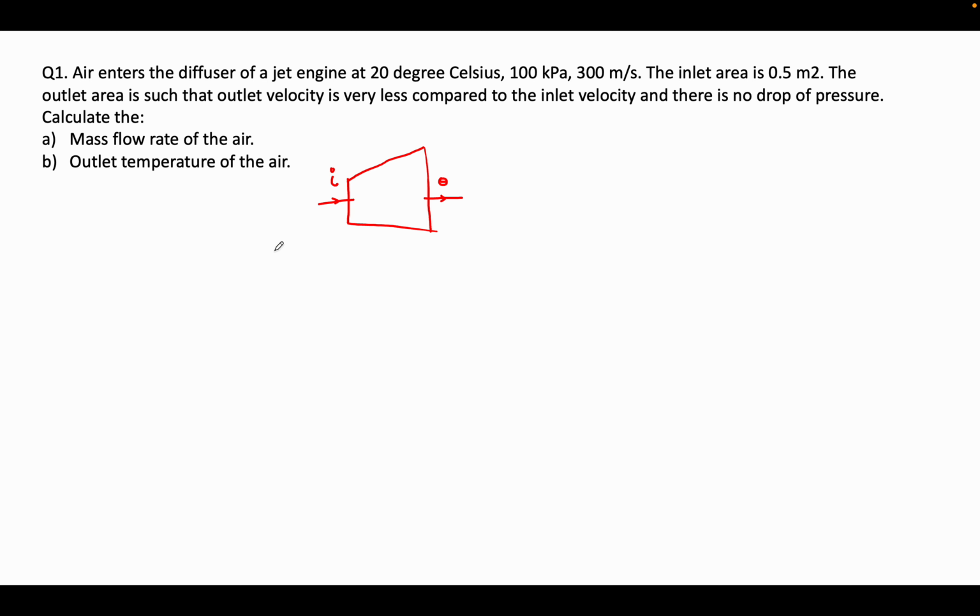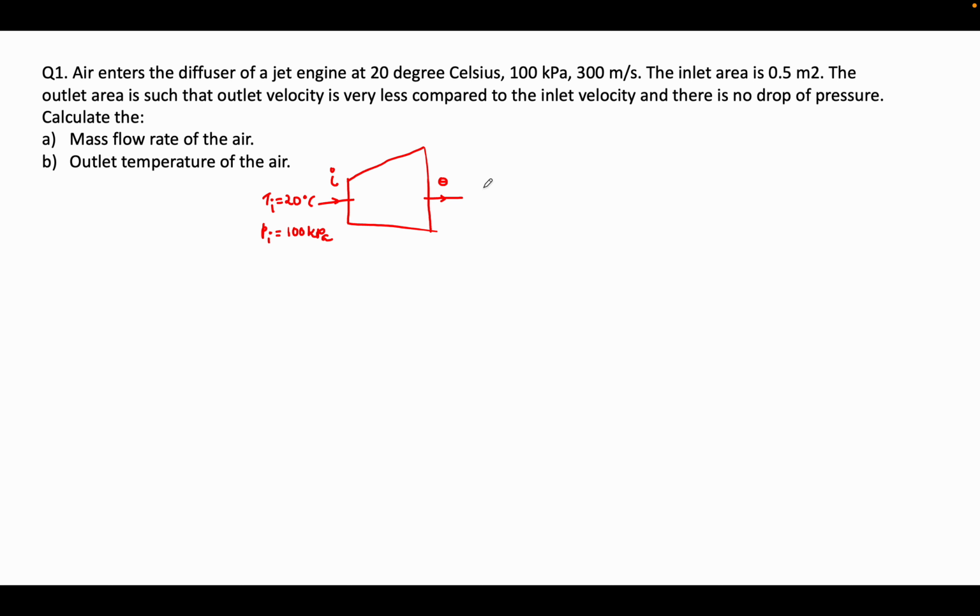Okay, so what it says is that T at I is equal to 20 degrees Celsius, and P at I is equal to 100 kilopascal.